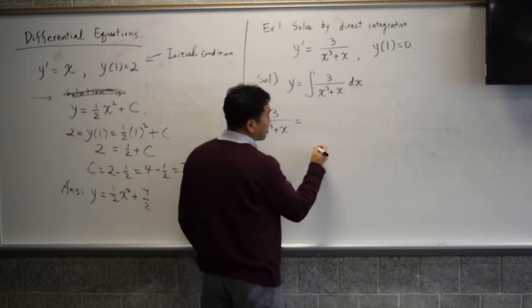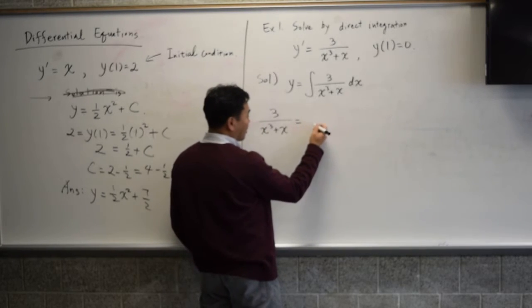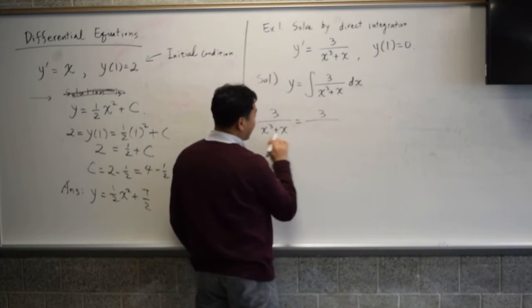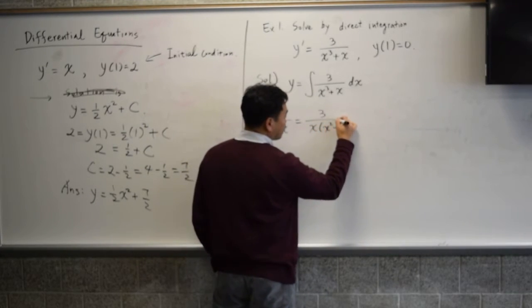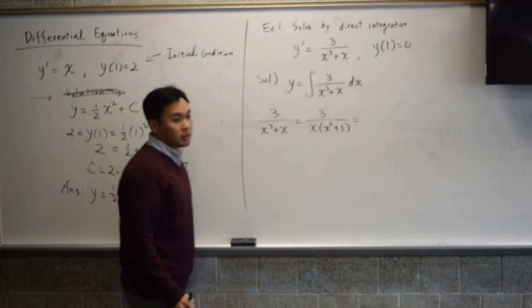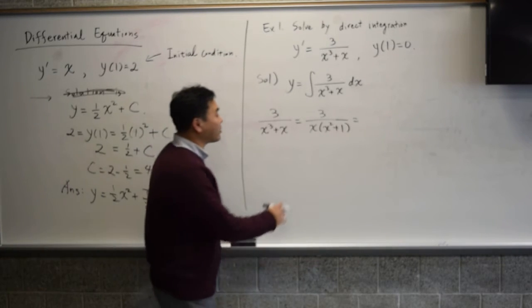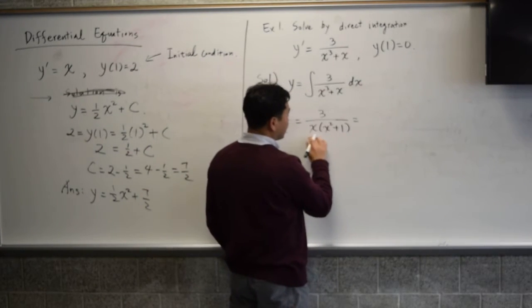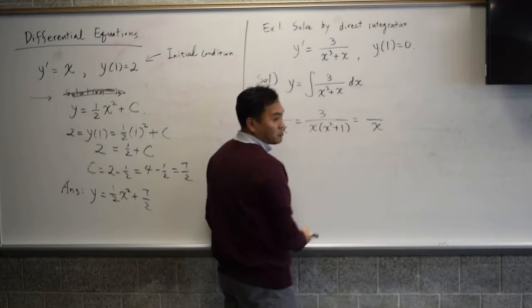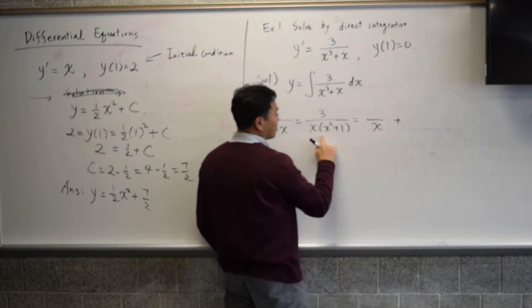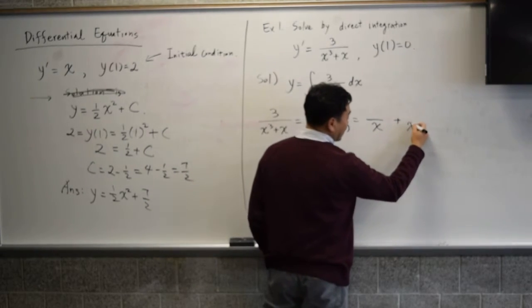Right, so do you remember how to do such a thing? First you factor the bottom. And then for each factor, you put something over it, right? So for this factor here, you put one fraction. For this second factor, you put another fraction.